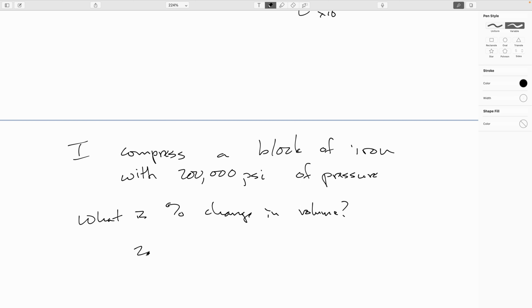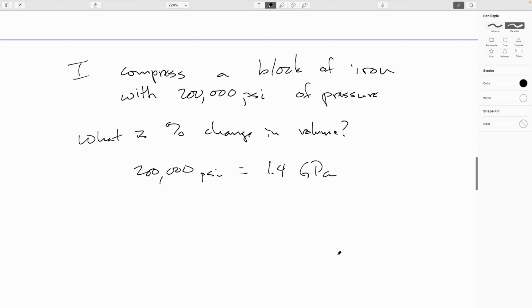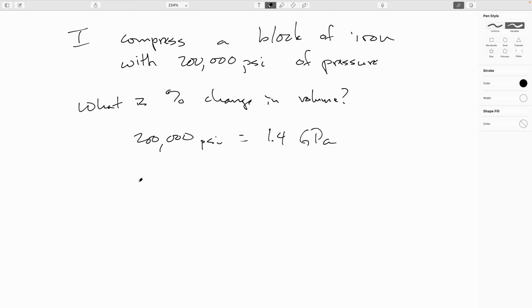Well, 200,000 psi you can work out is 1.4 gigapascals. So we'll just use that. Then we can say that the pressure is equal to minus B delta V over V. And so delta V over V will be equal to minus P over the bulk modulus.